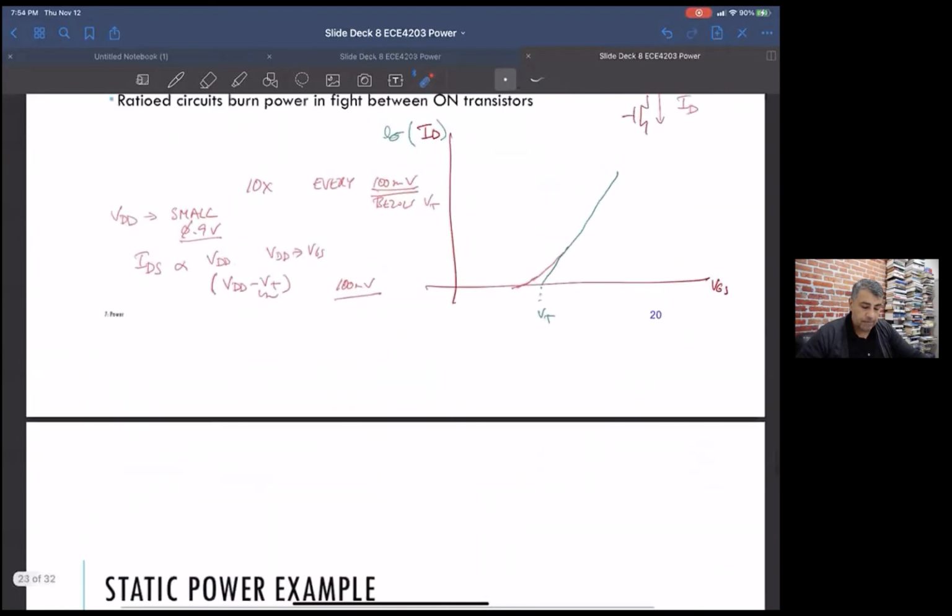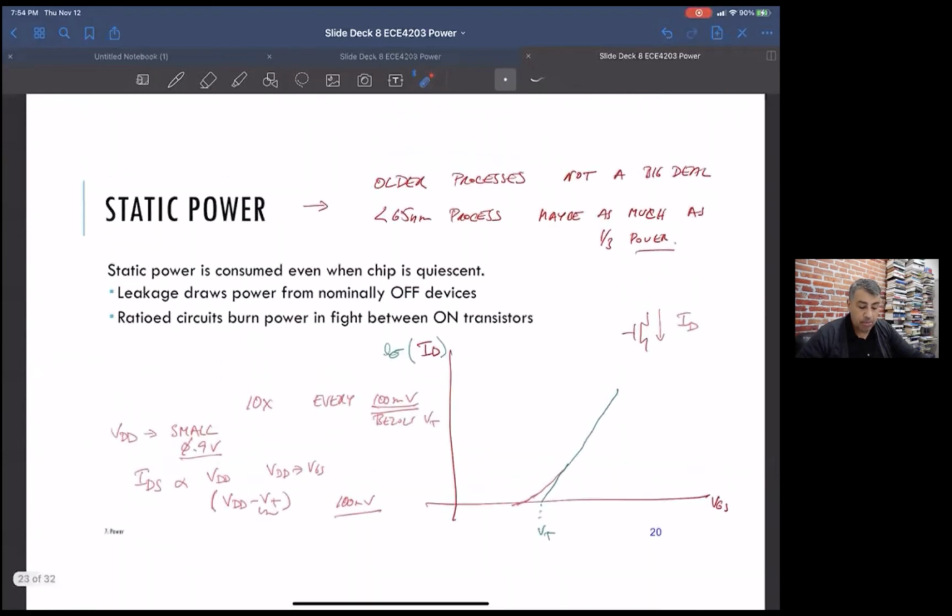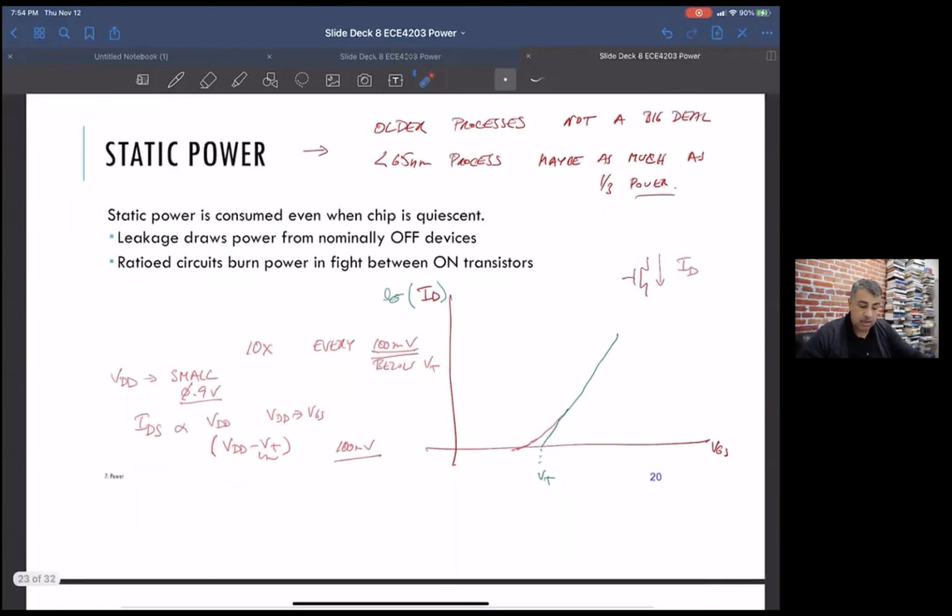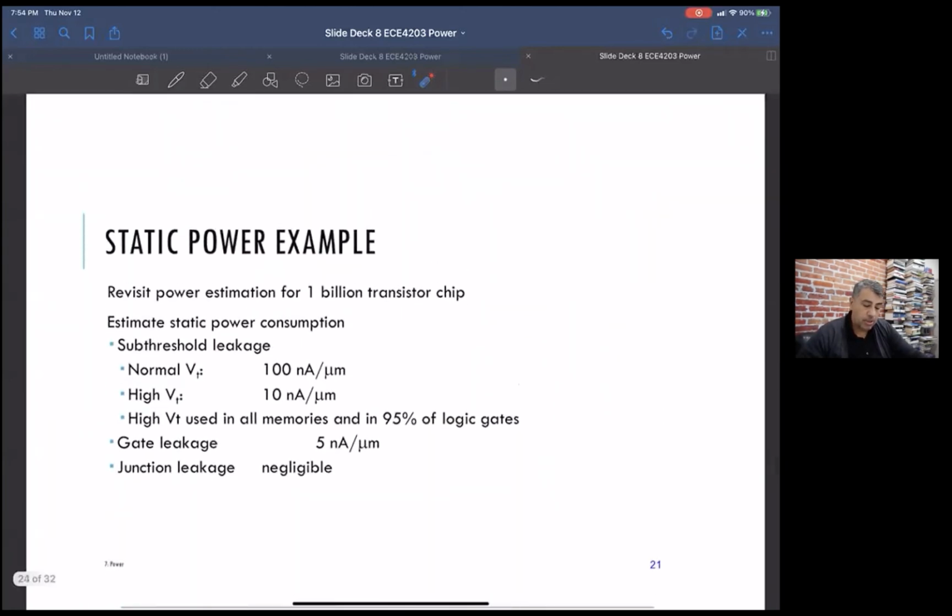The problem is these numbers are small. This leakage current is pretty small compared to the on current. But as we saw, there are many more transistors that are off than are on. So in aggregate, that power tends to add up. It's still better than them all operating, but it's not 0.